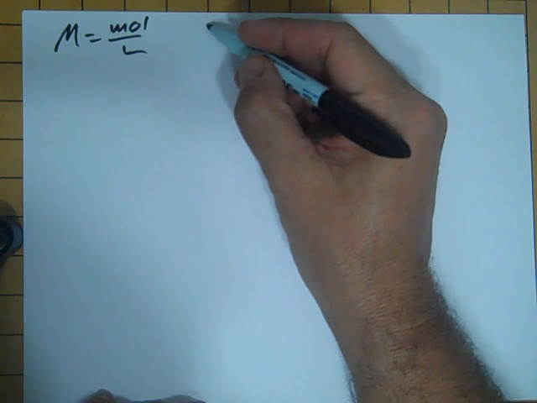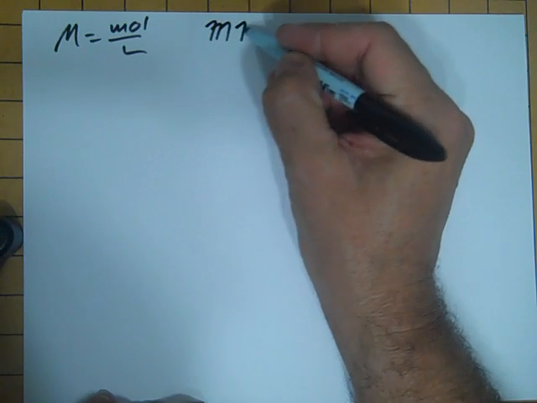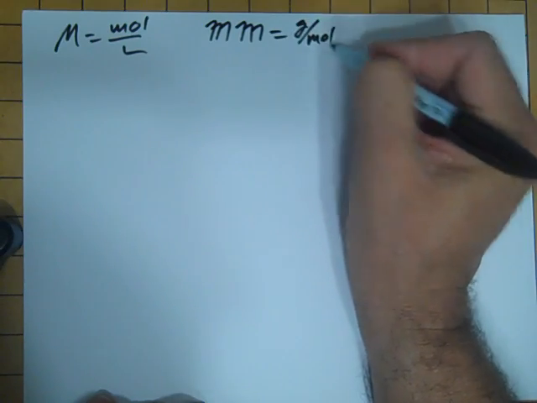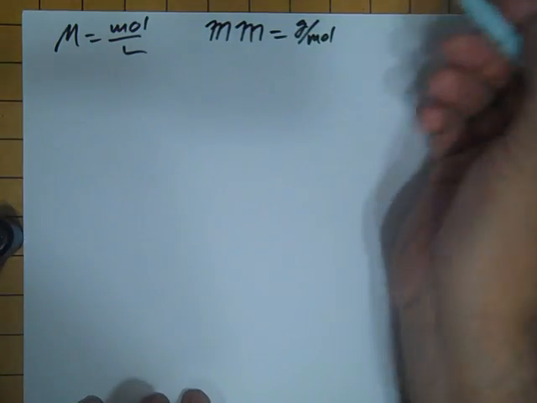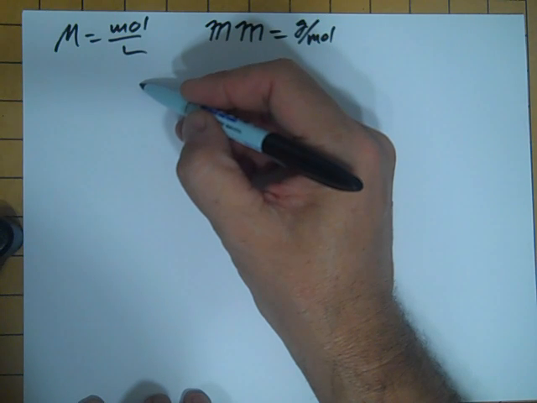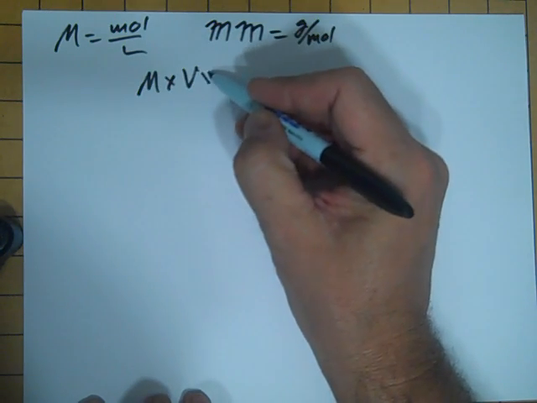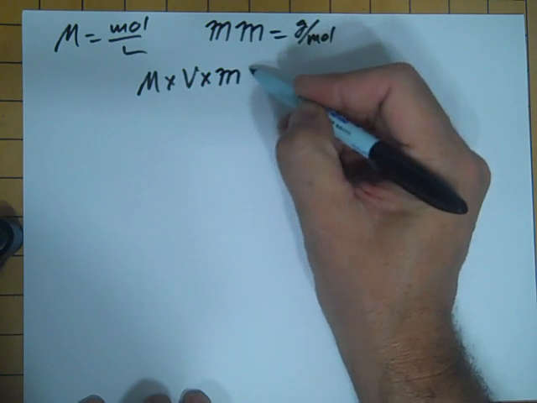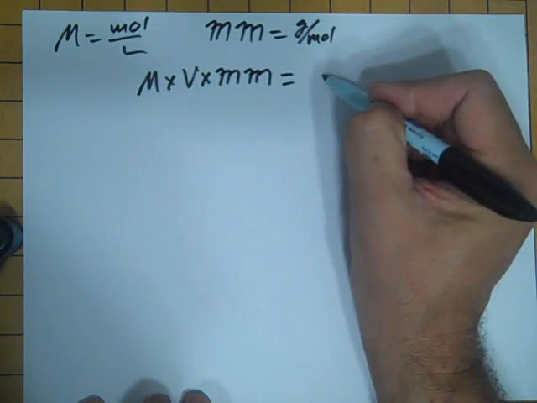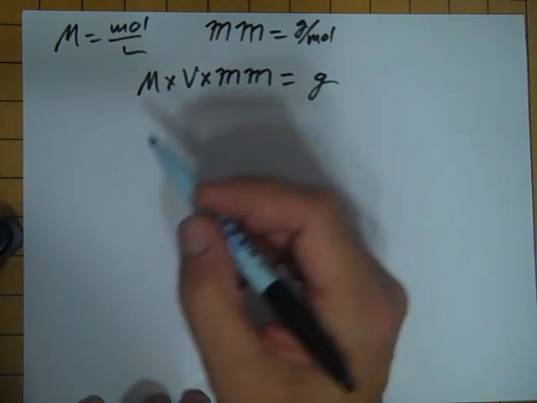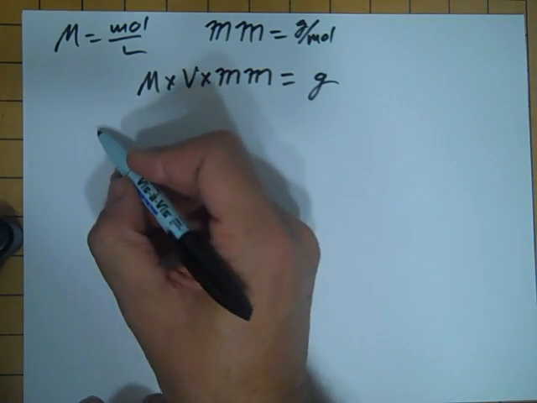But also the relationship that molar mass equals grams per mole. That's the unit. So if I want to find grams, I can simply do molarity times the volume in liters times the molar mass, and that will give me the grams because each unit cancels.